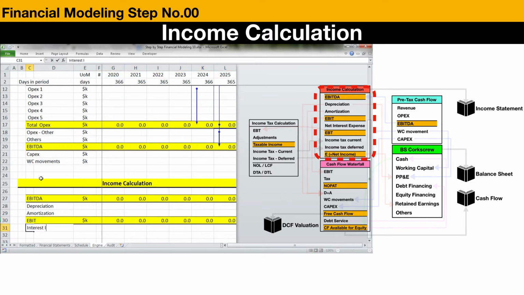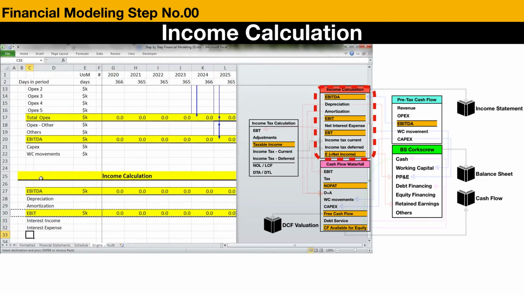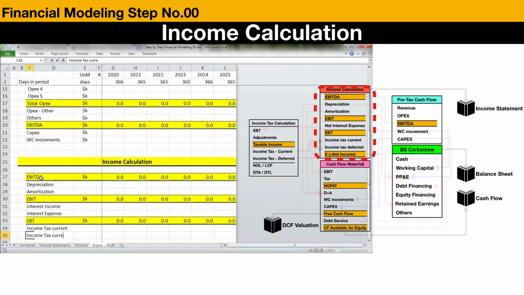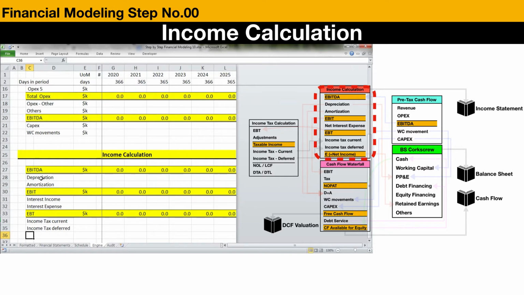Similarly, we add interest income and interest expense. Now, I is gone and we get earnings before tax, or EBT. Finally, we include income taxes. It consists of income tax current and income tax deferred. Finally, it is E, or earnings before nothing.